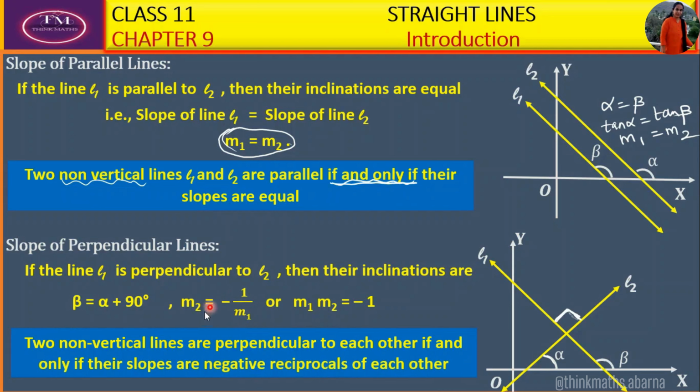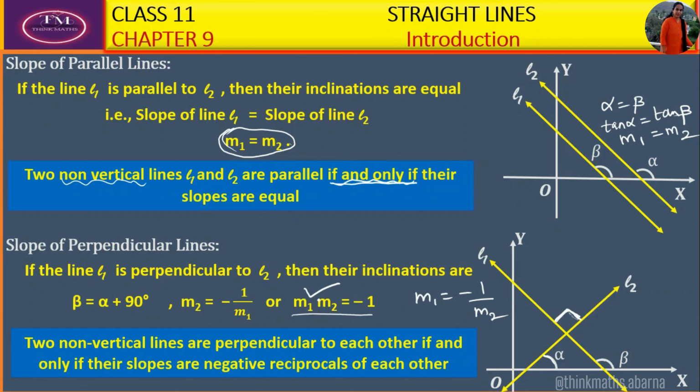That's what is said. One slope will be equal to the negative reciprocal. Reciprocal means 1 by. So reciprocal of each other. Or you can have m1 equal to minus 1 by m2. Or if you cross multiply, m1 into m2 will be equal to minus 1.